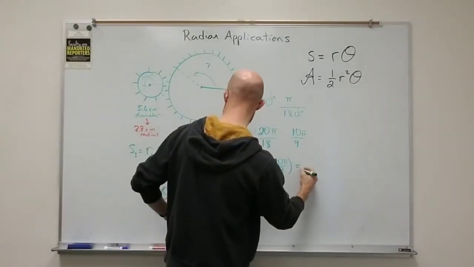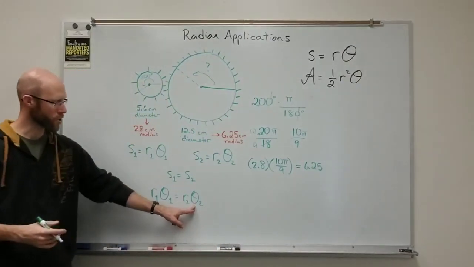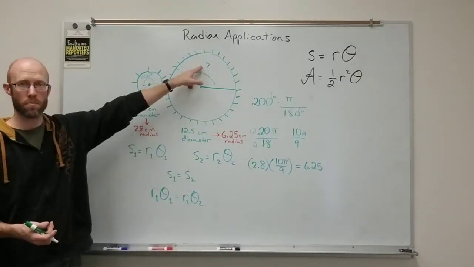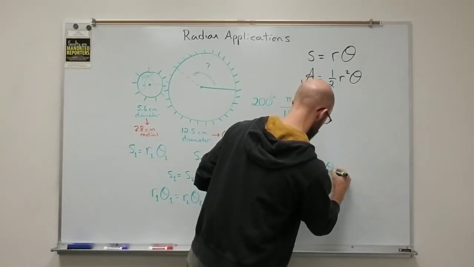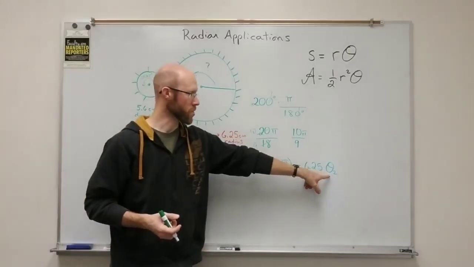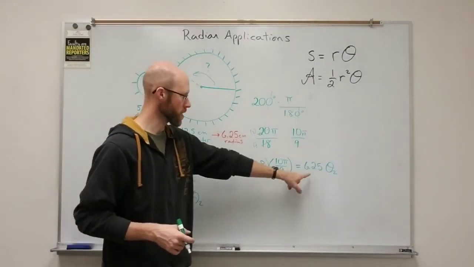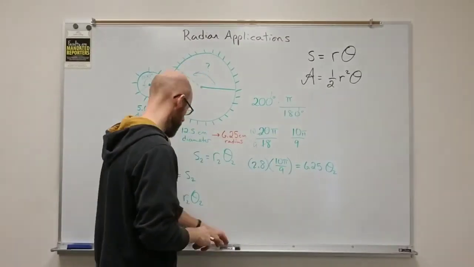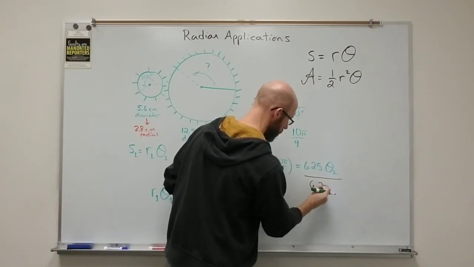R2 is 6.25, and theta 2 is what we don't know. That's actually our question mark up here, is the angle for the bigger gear. So I'll just substitute in theta 2. Our goal then is just to solve for this theta 2. So I'm going to divide both sides by the 6.25. And that should pretty much get us there, just typing it all in the calculator.